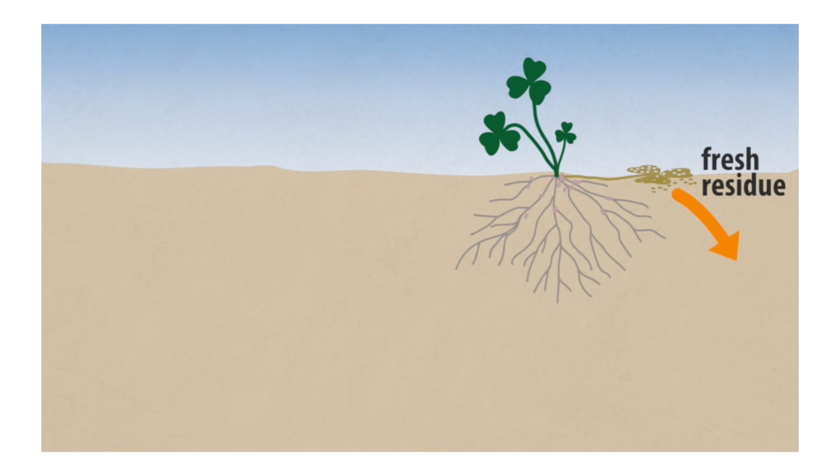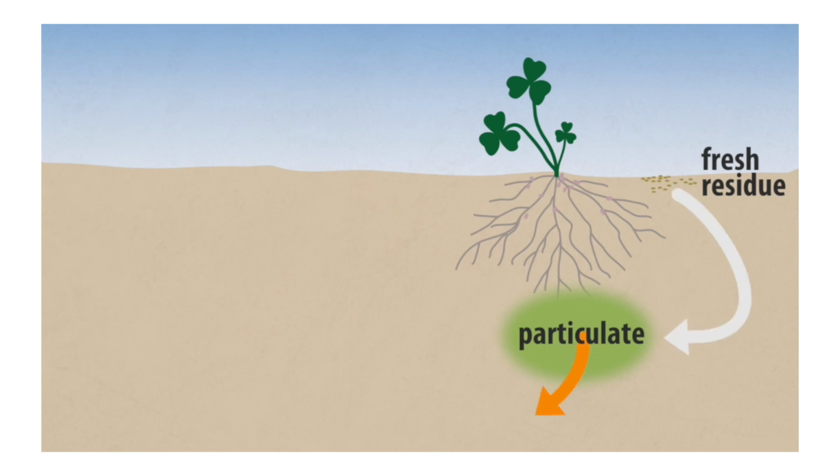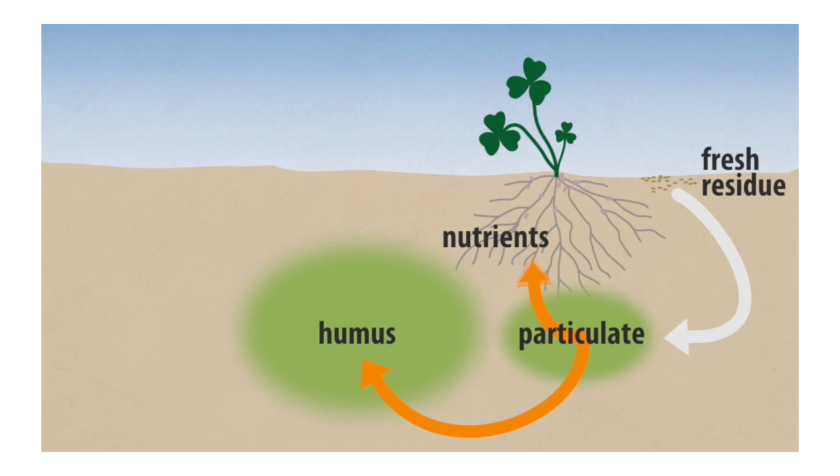Fresh residues are broken down into smaller pieces and become part of the particulate organic matter fraction. As the material is further decomposed, a proportion of more biologically stable material enters the humus pool. Nutrients and other compounds not required by microorganisms are released as a result of this transformation and can then be used by plants.